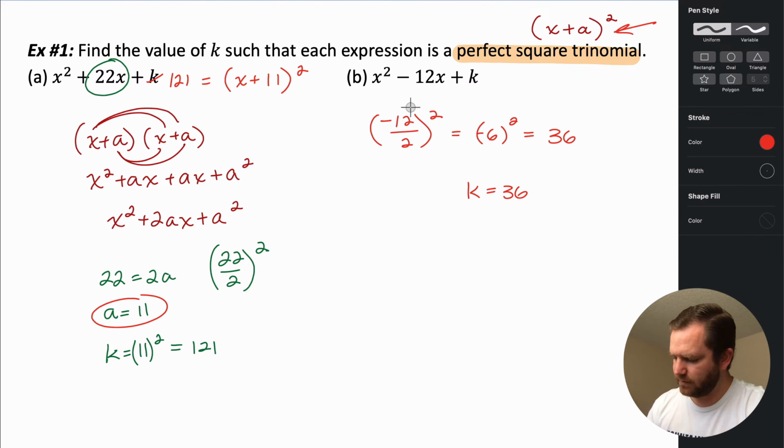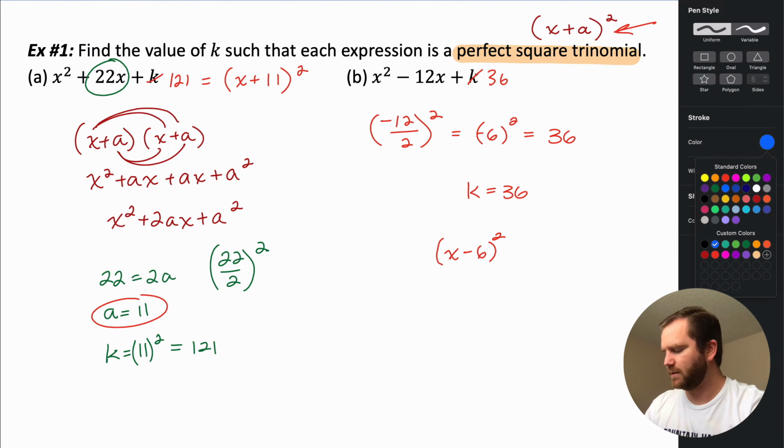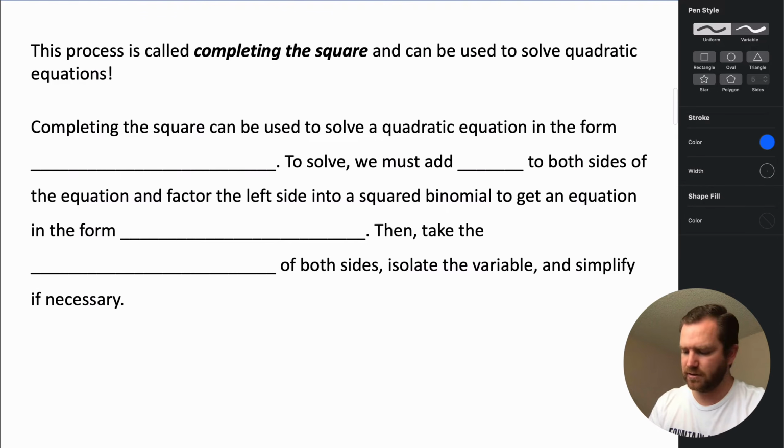If this was 36, it would factor to be x, and then the value of a is just the b value divided by 2. So this would be x minus 6 quantity squared. If you went through the process of factoring, you'd see that this holds. This whole process that we just talked about is called completing the square.